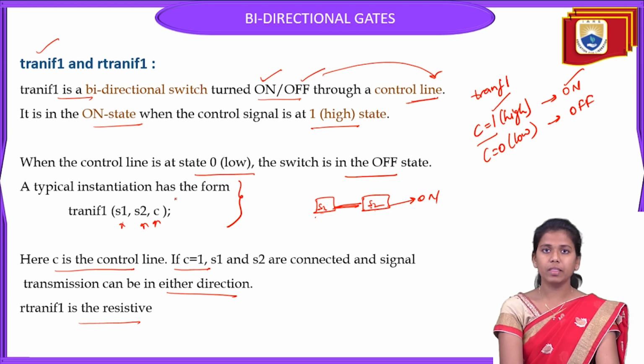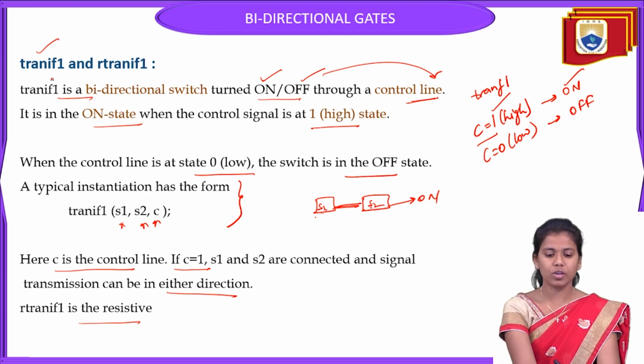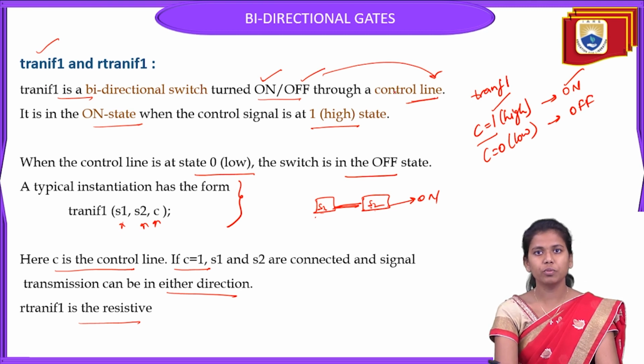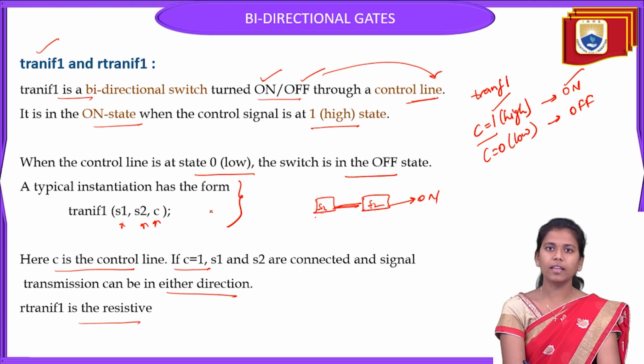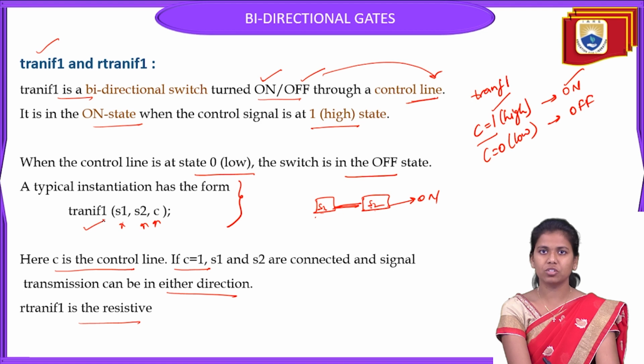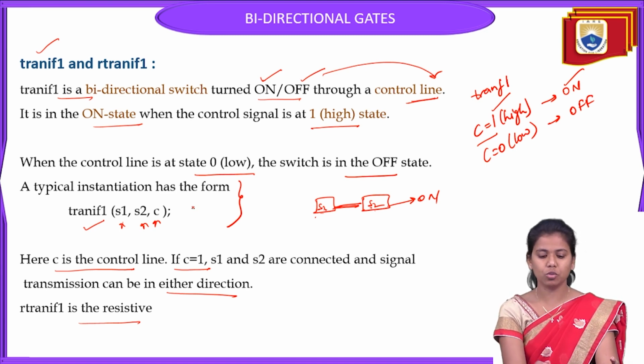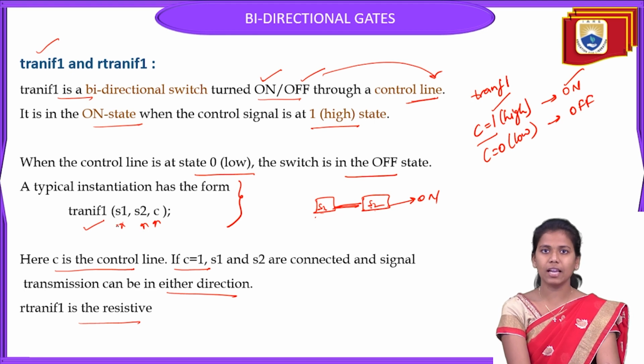So remember that Tranif is a bidirectional gate. Based on the control lines, it can switch on and switch off. In the instantiation, Tranif1 is the name of the gate, a bidirectional gate, followed by the terminal list. In the terminal list, as we represent input terminals, output terminals and inout terminals, remember that output terminals are represented first and then the input terminals. In a similar way, here we have the signal lines S1 and S2 along with the control line.